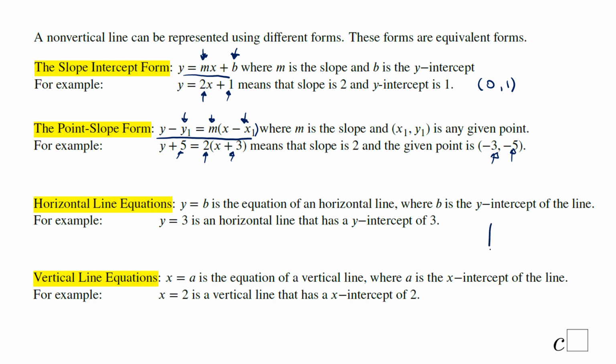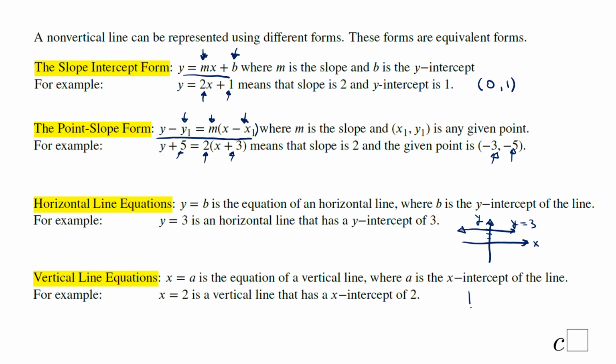Let's be sure we have a picture for each one. I sketch a graph here, 1, 2, 3, 1, 2, 3. This is the graph of a horizontal line. This is the x-axis, this is the y-axis. Don't be confused. Yes, the x-axis is a horizontal line, y equals 0.